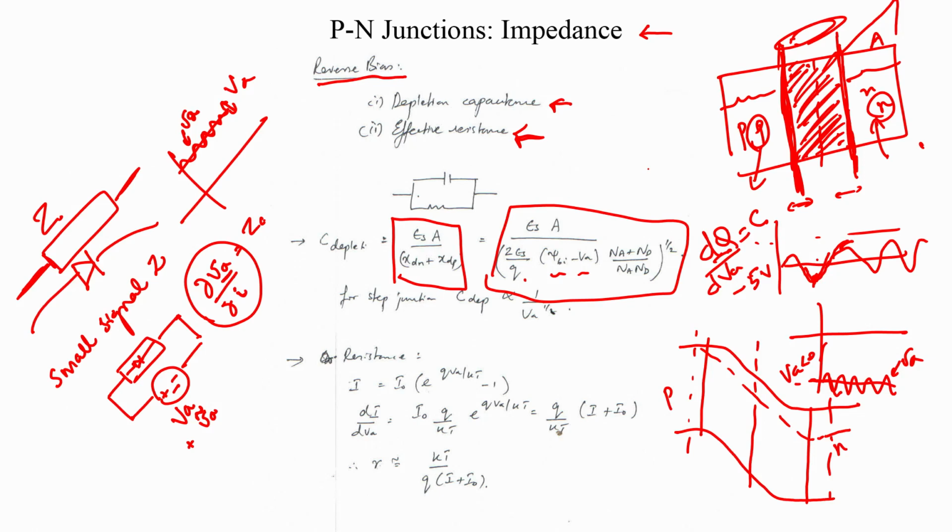So that is the small signal capacitance of a diode in reverse bias. In forward bias there is something more interesting that happens, we will come to that. What about the resistance of a diode in reverse bias?